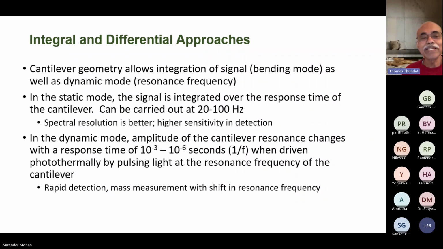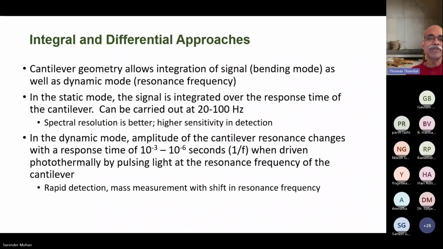We can also do it in a dynamic mode. So you can actually vibrate the cantilever at its resonance frequency. Each vibration is maybe 10 to the power minus 3 seconds to 10 to the power minus 6 seconds. Basically, it's 1 over f.